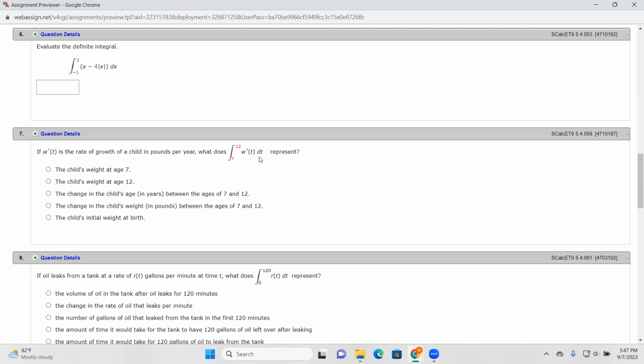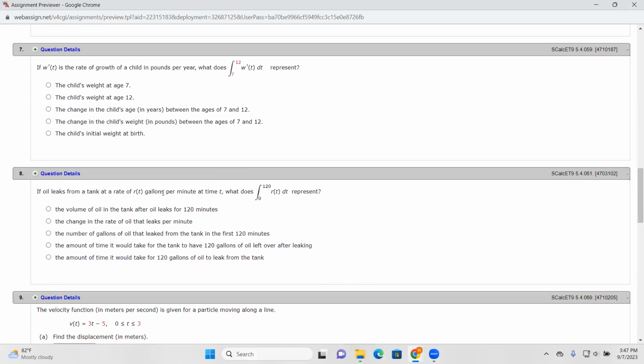Think of dt as a tiny width of the t-axis and w prime as the height of our function w prime. We'd have pounds per year times year, that would be in pounds. So this should be giving us some pound-based information between year 7 and 12, which ultimately puts us on this line here. We've got pound-based information between 7 and 12.